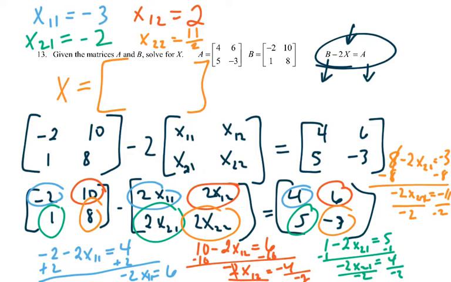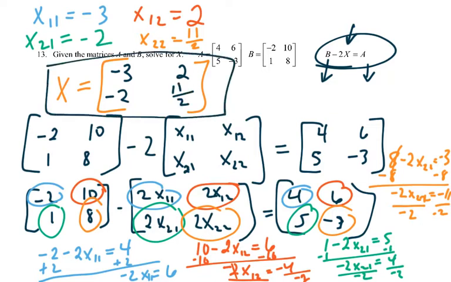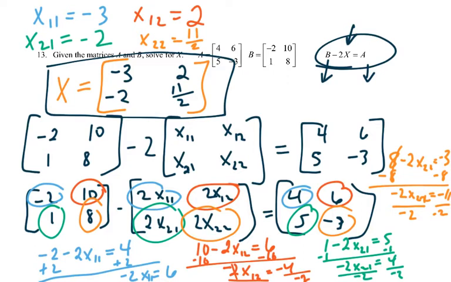They're equivalent, and so I don't want to chance making a mistake from that point on. So my matrix X is equal to -3, 2, -2, 11 halves. And that's my answer. This sums up our basics on operations with matrices.